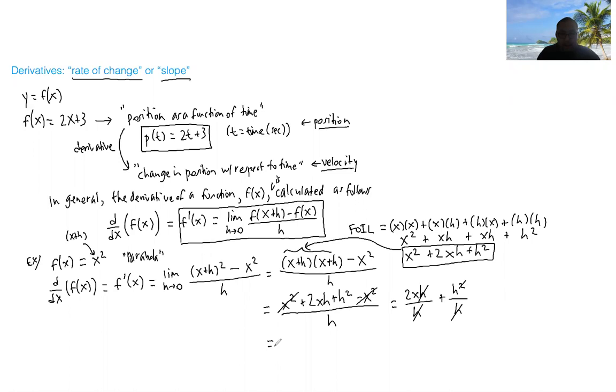And so you're going to end up, and I've been forgetting my trusty rule, the limit as h approaches 0, of 2x plus h. Now you're going to plug in h equal to 0. You're going to end up with 2x. Okay? So this is the derivative with respect to x of your function.